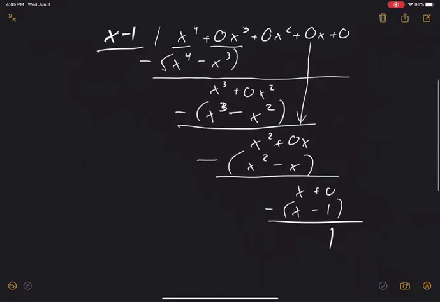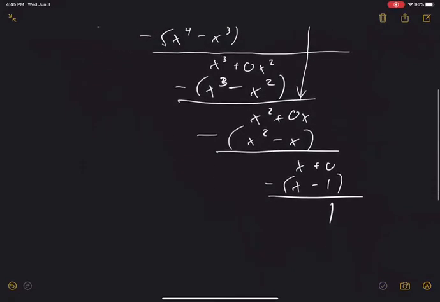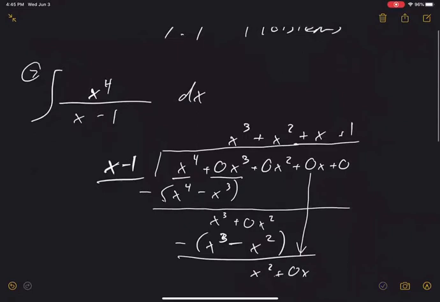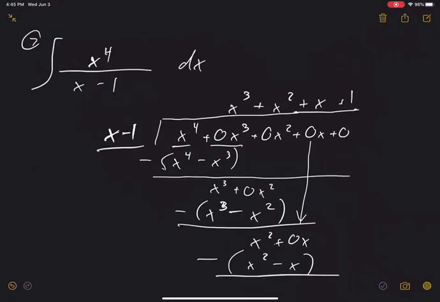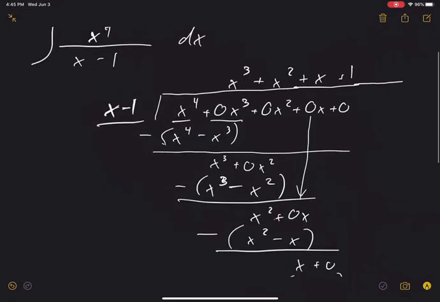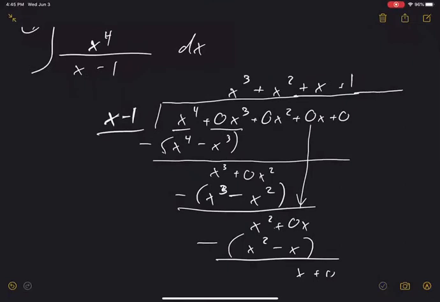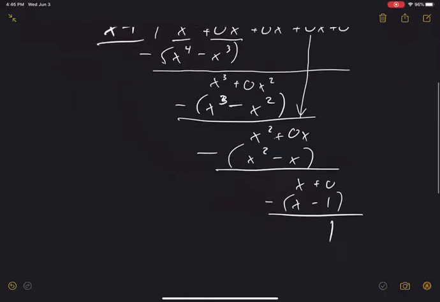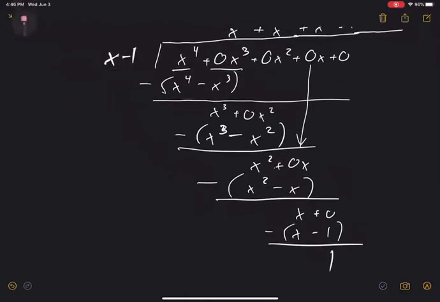And now once I'm at this stage, I have a 1. I want this stuff up here to just be a polynomial. So if I try to get this x here to match this 1, I would have to multiply by 1 over x. I don't want to do that. So that's my signal to stop.